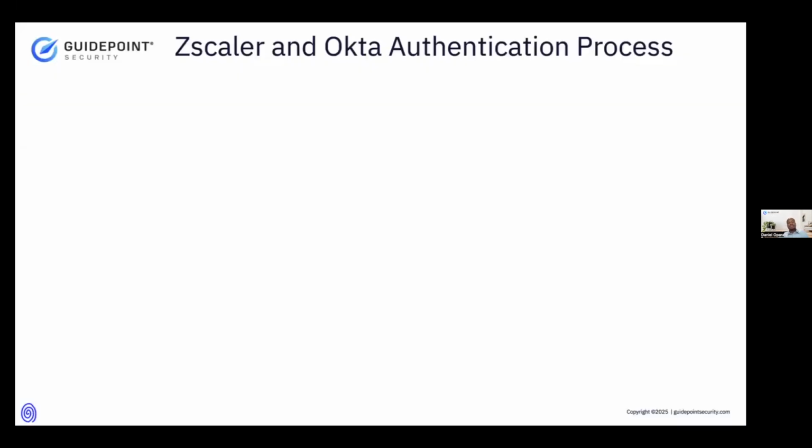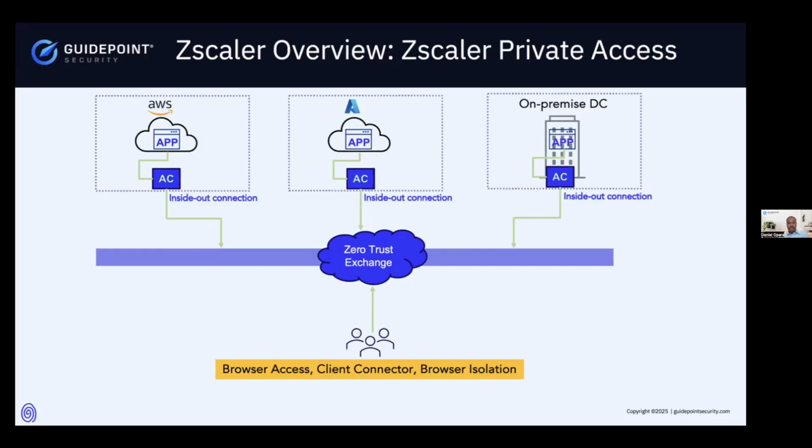Now let's look at the authentication process. So let's take a scenario. Meanwhile, I'll point out that GPS actually uses Zscaler every day, for the users and the organization. So let's take a scenario where we have a GPS employee, specifically an admin, trying to access an on-prem data center application.